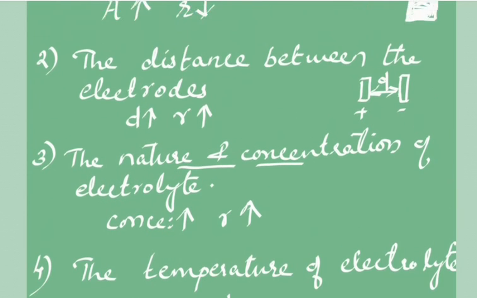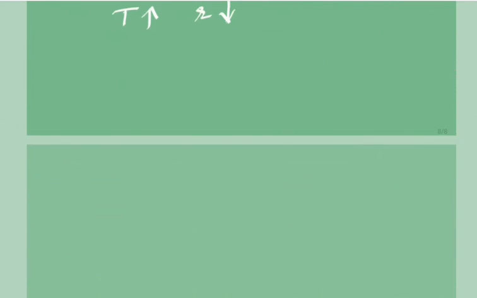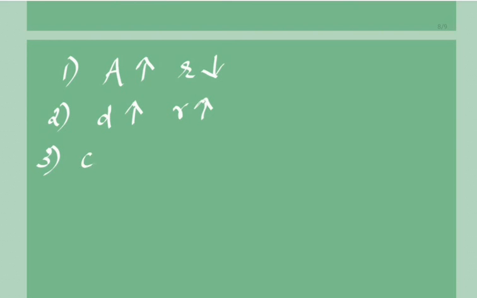So to conclude, 4 factors are there. First one is the area. When area is more, internal resistance will be less. Second factor is the distance between the electrodes. The more the distance between the electrodes, the more the internal resistance. Third factor is the concentration.